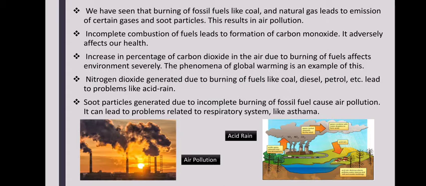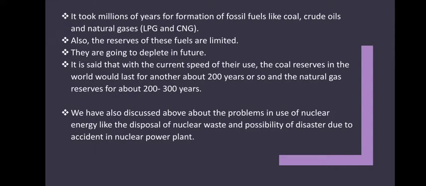So we have to make sure that we are causing least harm to the environment and simultaneously we are able to produce electricity effectively. It took millions of years for formation of fossil fuels like coal, crude oils and natural gases. Also, the reserves of these fuels are limited. They are going to deplete in nature. So if we are using these fossil fuels as the energy source, we have to think because they are non-renewable resources.